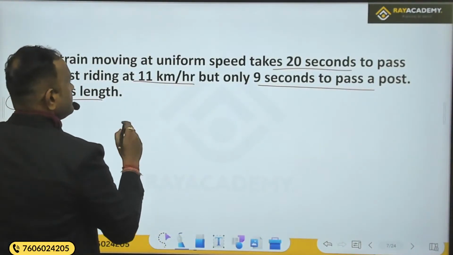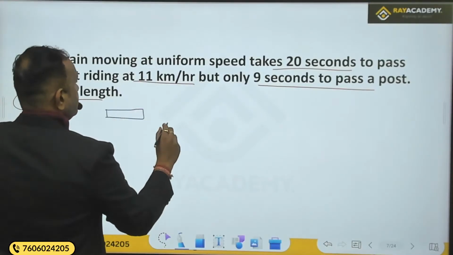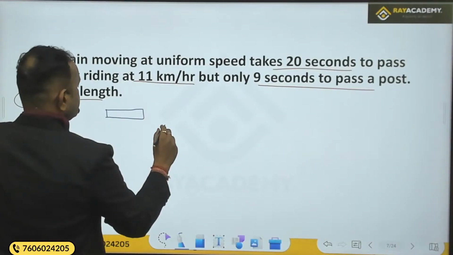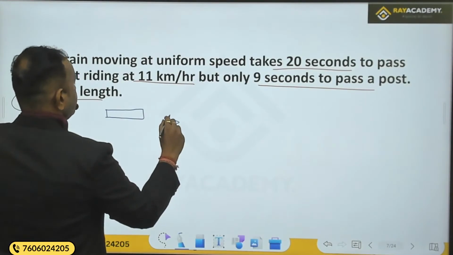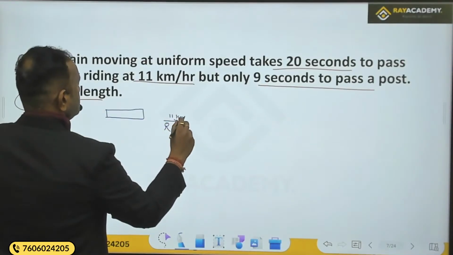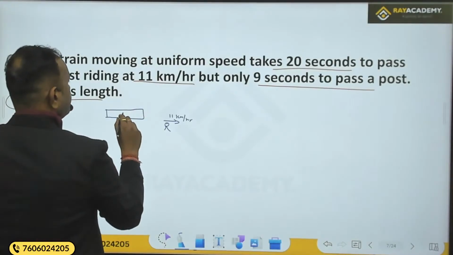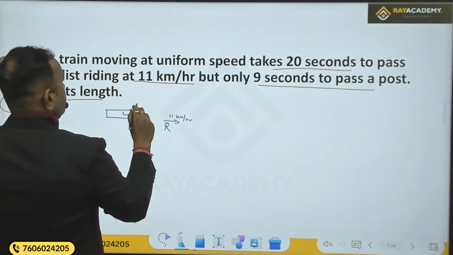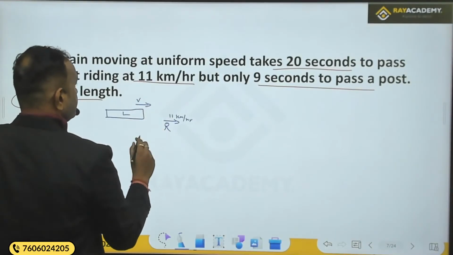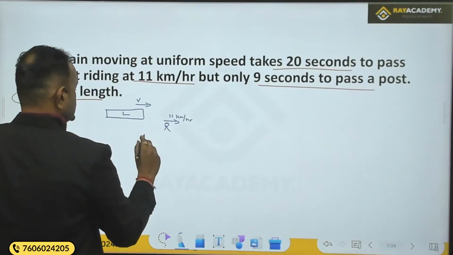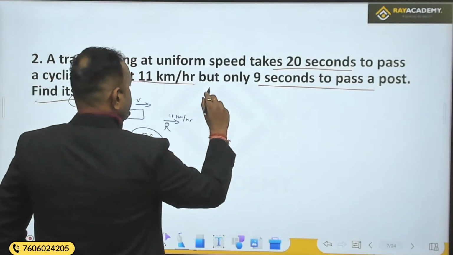First, the cyclist is moving at 11 kilometers per hour, and we don't know the train's length or its speed, but it takes 20 seconds. This is one scenario. Second scenario?